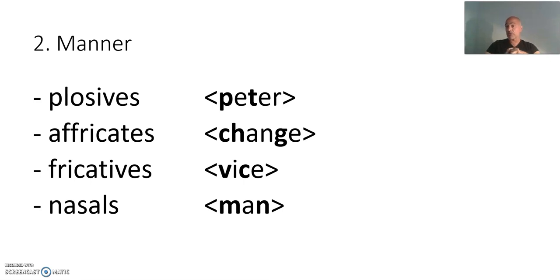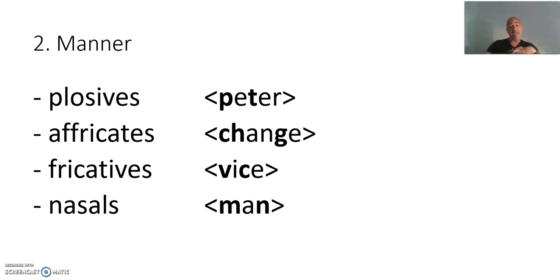Fricatives, very important, when the air is forced through and you have something like friction. F and s, and something like this. So vice, for example, you have two fricatives, v and s, vice. The air is forced through something like an obstruction here.